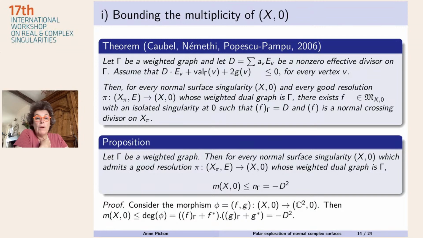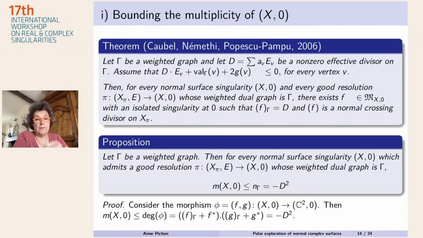Given a weighted graph gamma, then for every normal surface singularity x0 which admits a good resolution pi whose weighted dual graph is gamma, the multiplicity of x is less than a topological number n gamma, defined as minus d square, where d is the divisor defined in the theorem before.